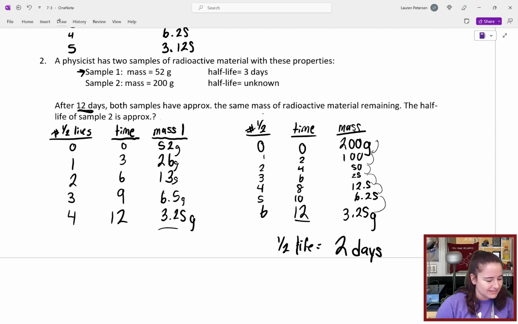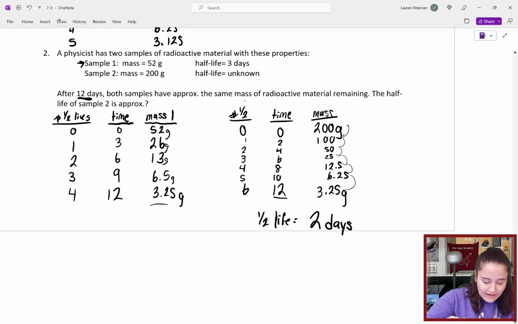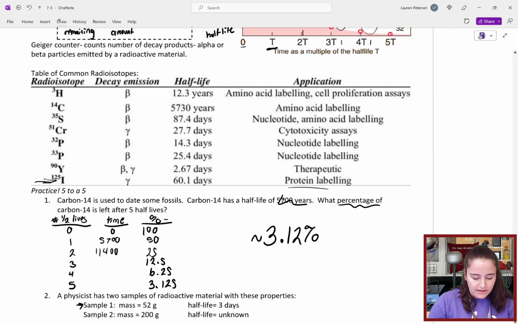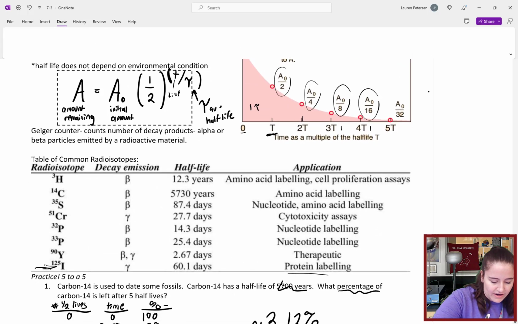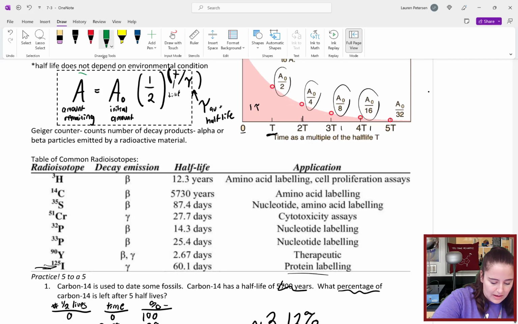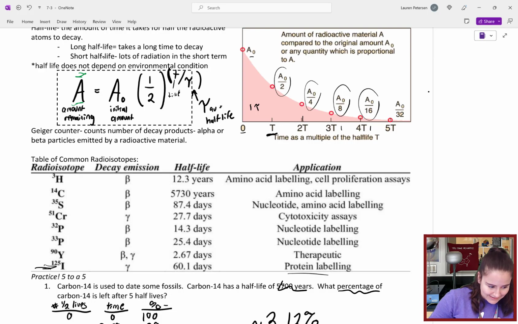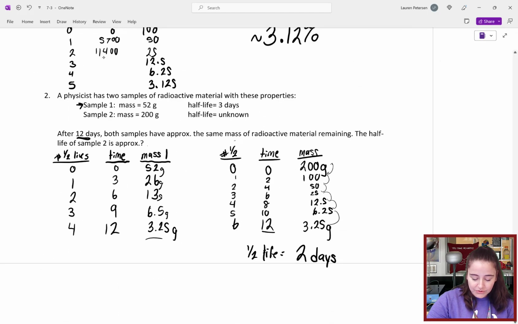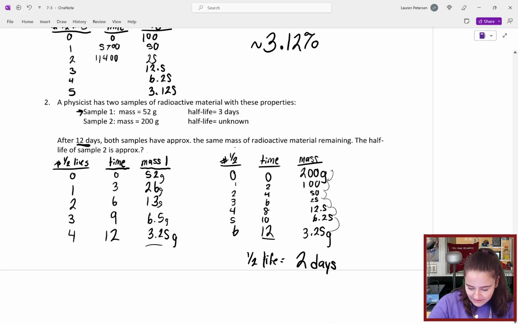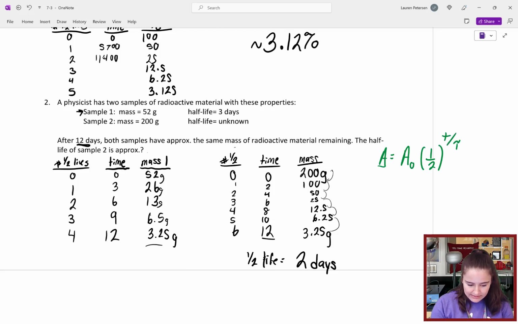Yes. Now, another way, if you wanted to do this using the equation, it says that their amount remaining was the same. So the equation is A equals A naught times 1/2 to the number of half-lives, or t over tau. The number remaining is the same, and we have all the information for sample 1.